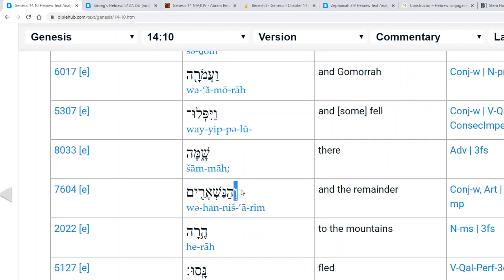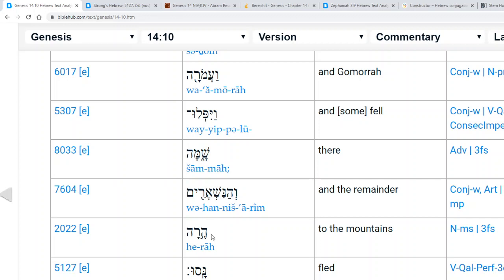Ve'hanisharim. Okay, so conjunctive vav, hey is the article, nisharim is the nifal participle. Okay, so nifal is the passive, right? Those who were left. Sha'ar, shin, aleph, resh means to be left, to be the remainder, to remain, right? Nisharim are people who remained, because it's in the nifal, it's in the passive, right?